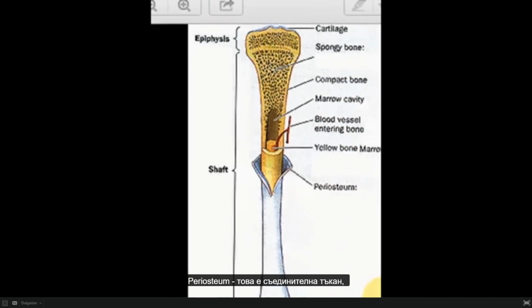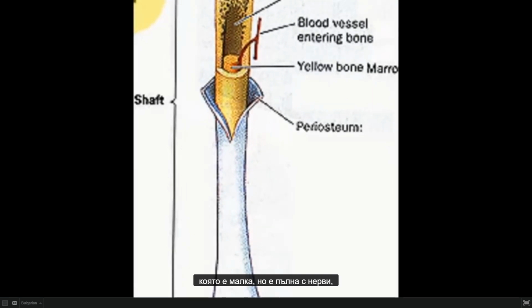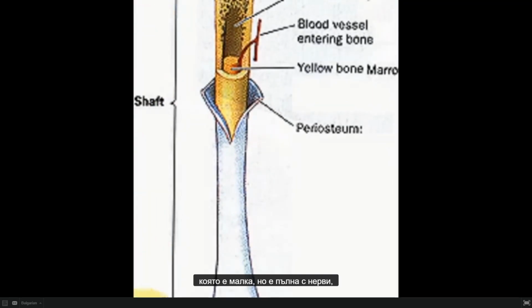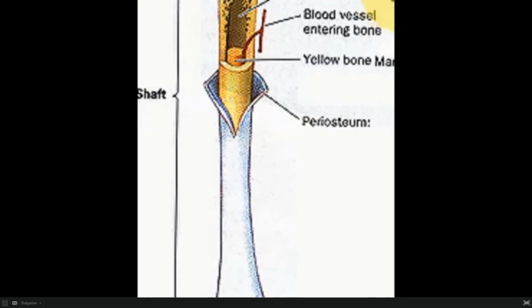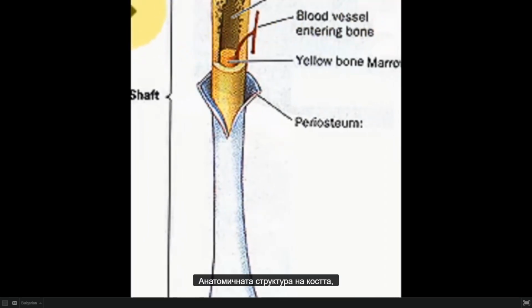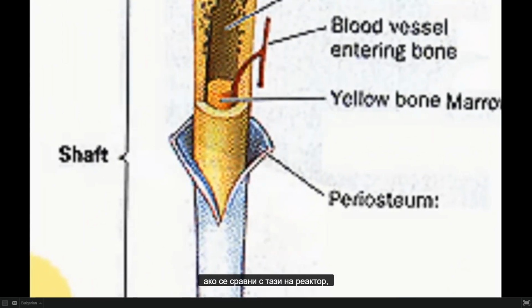Periosteum is again connective tissue which is thin but full of nerves, nerve endings around the bone. And actually your bone, as an anatomical structure, if you compare it with the reactor which this guy made, has the same structure.